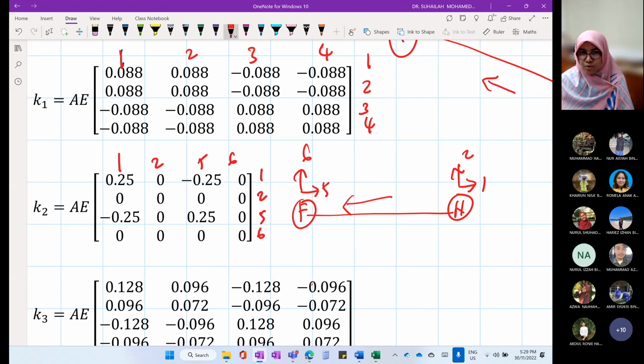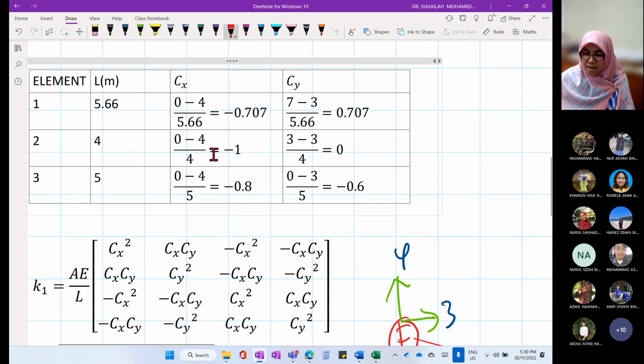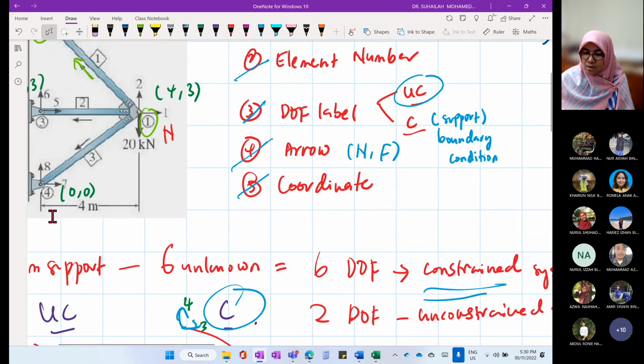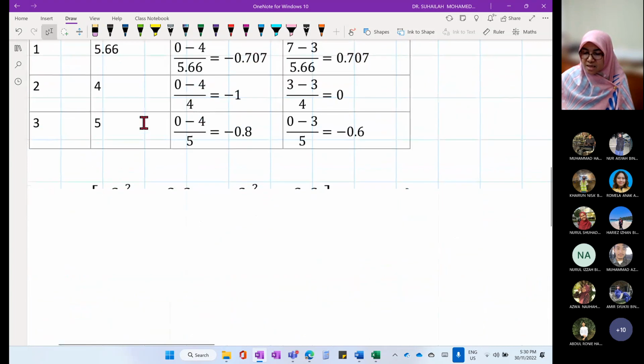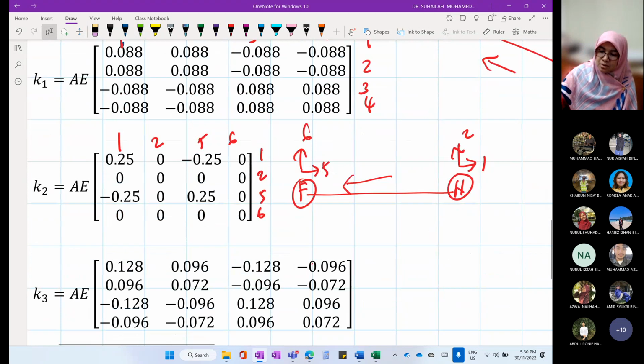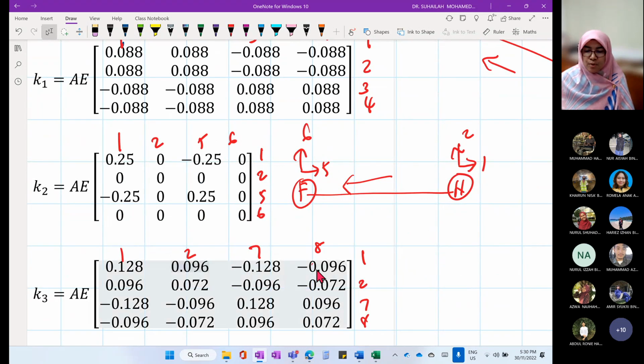And then we do the same for K3. Based on the arrow, we call the degree of freedom for K3 as 1, 2, 7, 8. Now we will combine.